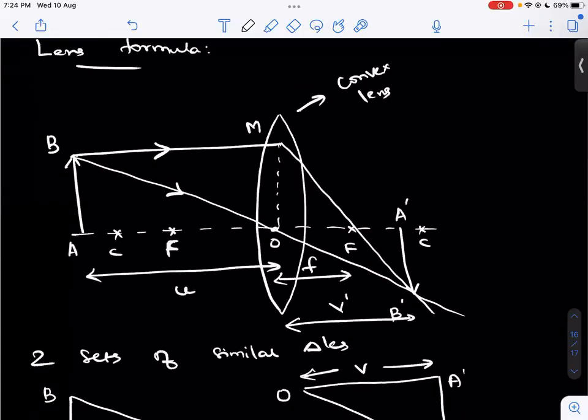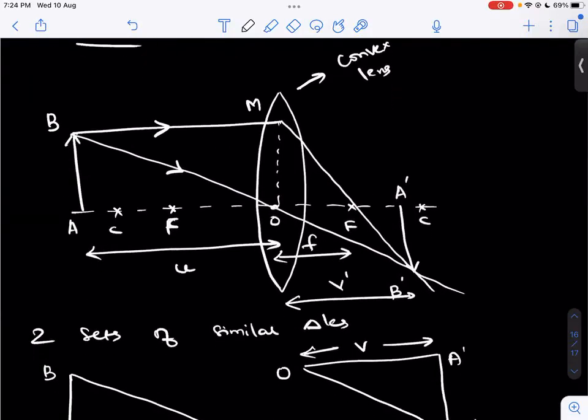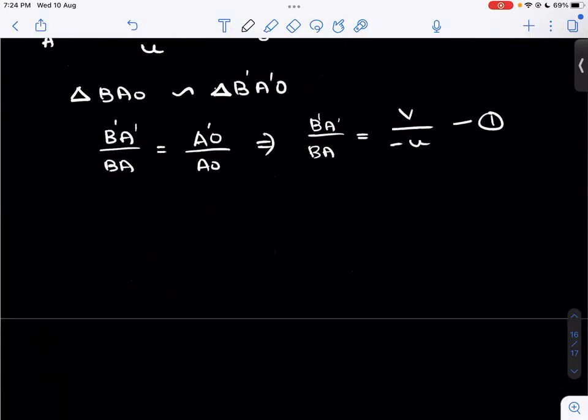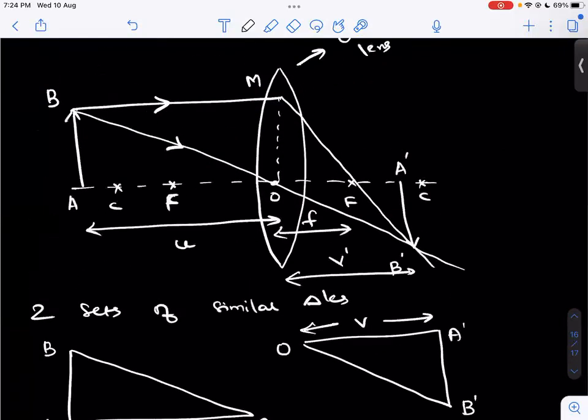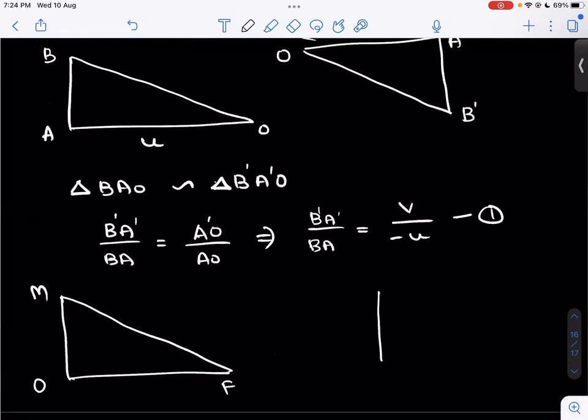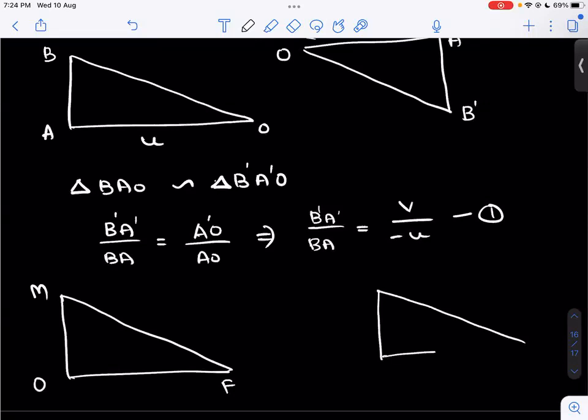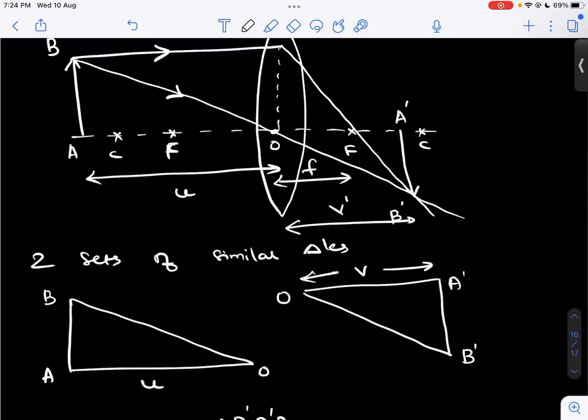Similarly, if you look at the triangles MOF and B dash A dash F, we can say that angle F is the same because it is a vertically opposite angle, and angle O is equal to angle A dash because they are 90 degrees.